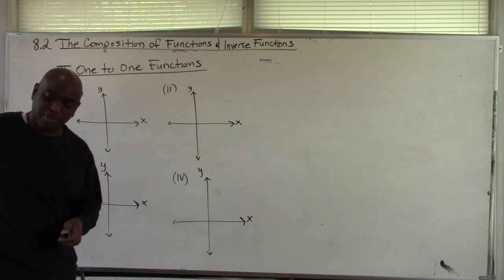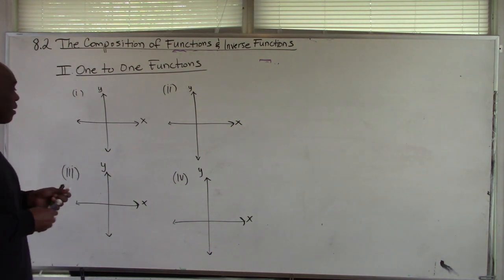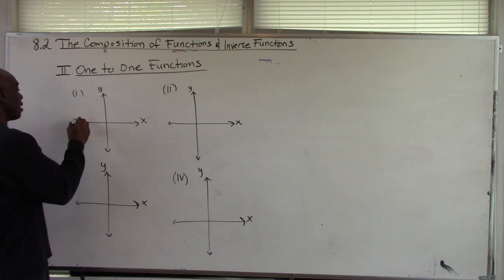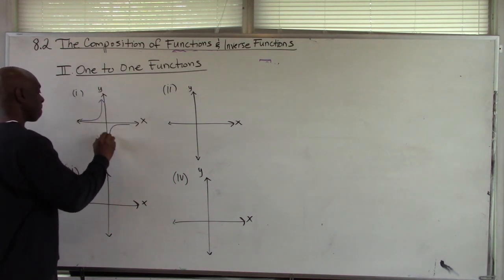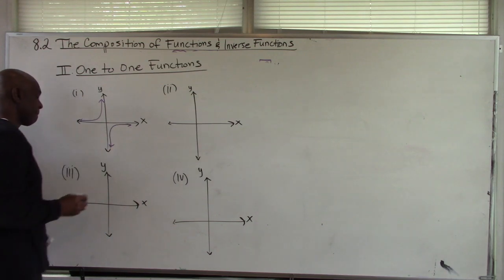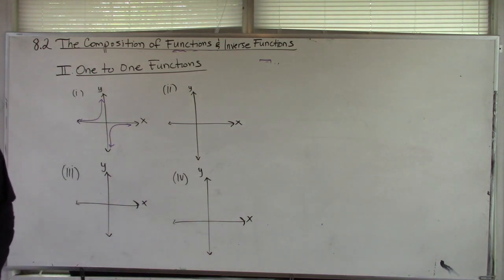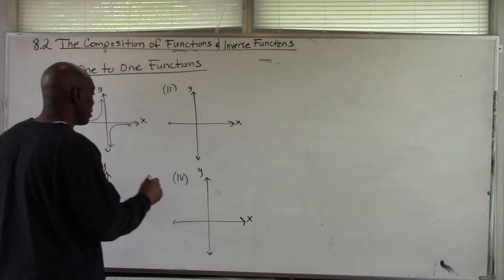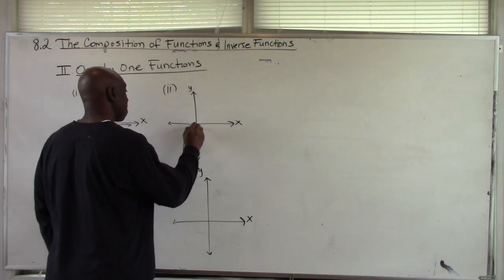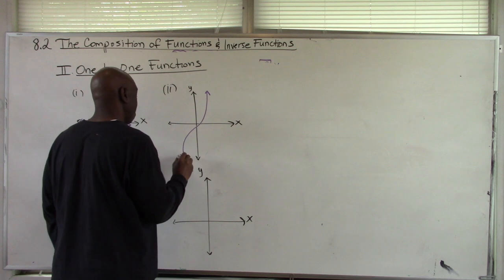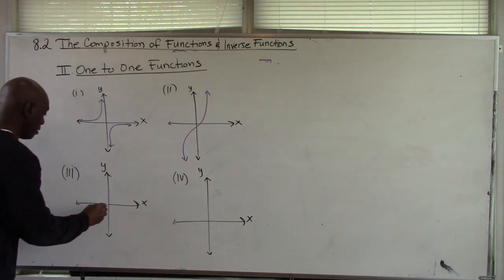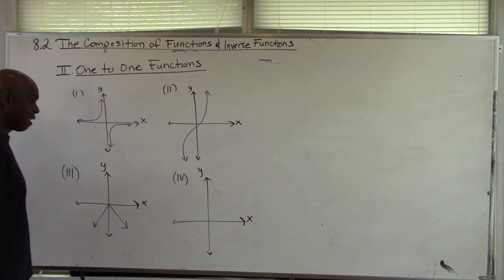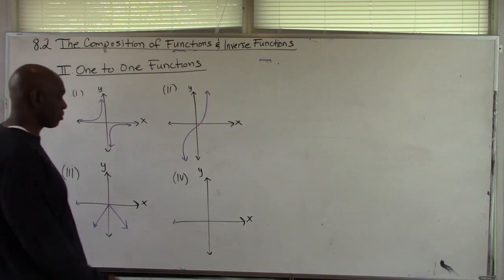Let's draw some graphs here. All right, graph 1. Let's do a hyperbola. Graph 2. Let's do a cubic. Graph 3. Let's do an inverted absolute value. And graph number 4. Let's do a circle.